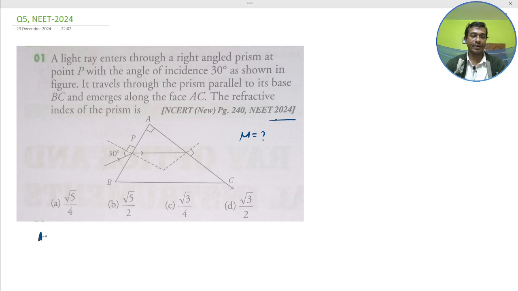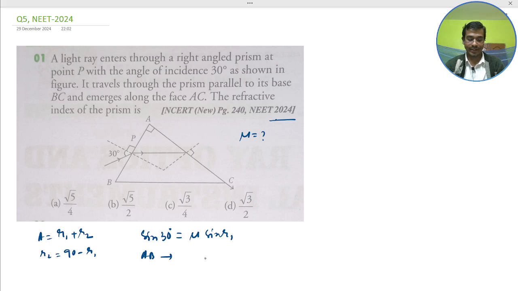Here, using the theory, A is r1 plus r2 and r2 is 90 minus r1. Just apply Snell's law: sine 30 degrees equals mu sine r1 for the AB surface.